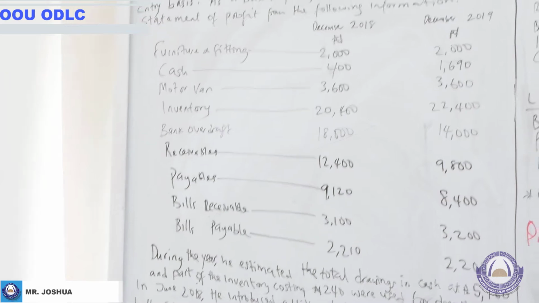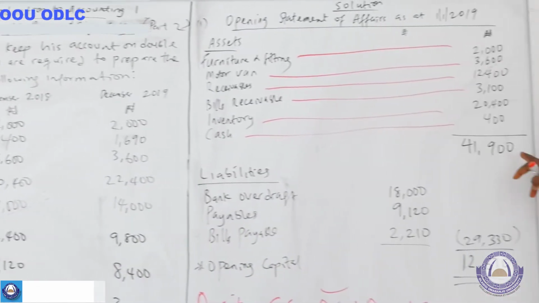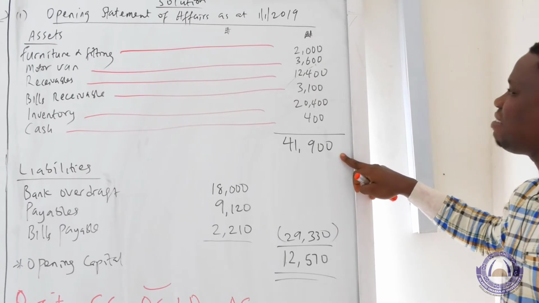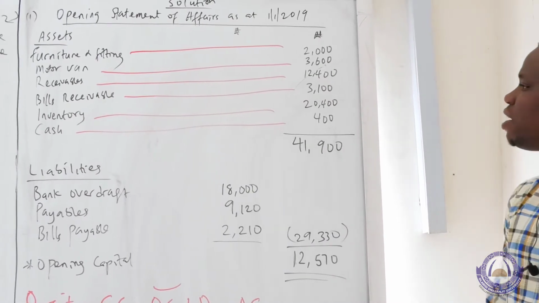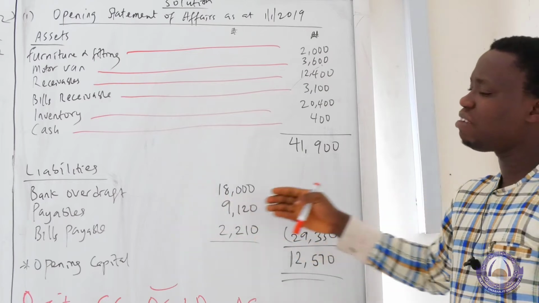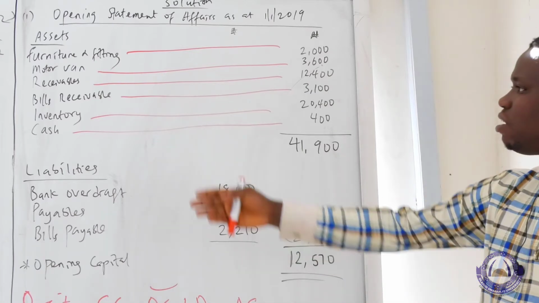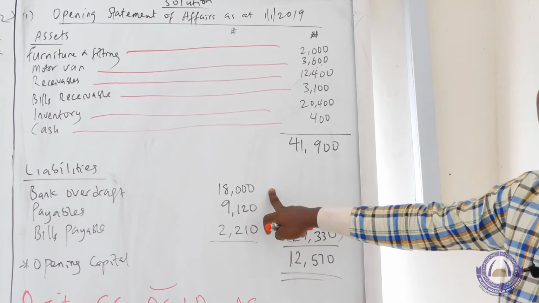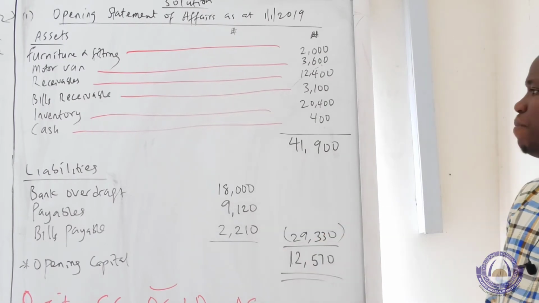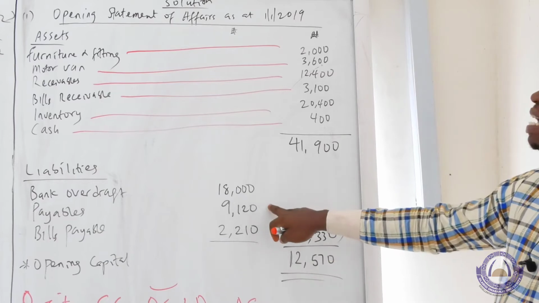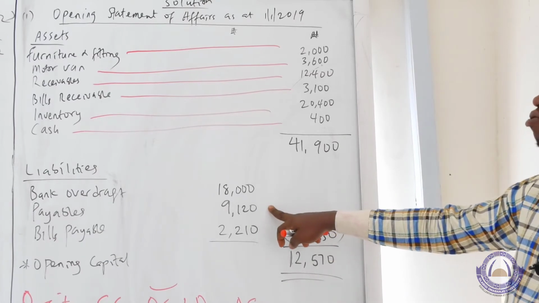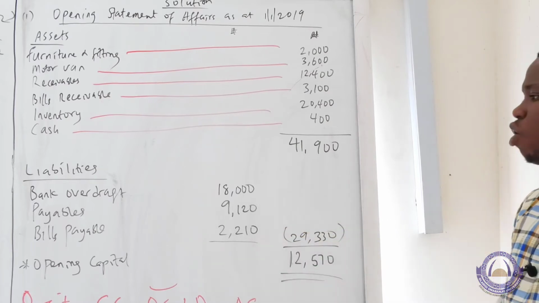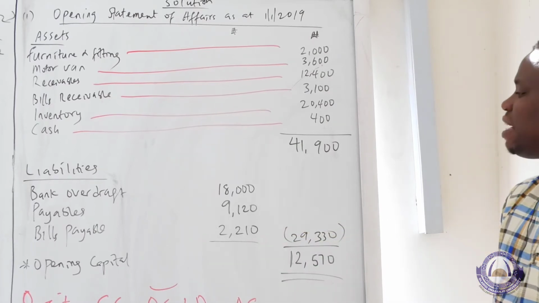If you sum all of these assets together, we have a total of 41,900 naira as the assets at the beginning of the year. Then we deduct our liabilities from the assets. In the liabilities, we have bank overdraft of 18,000 naira at the beginning of the year, followed by payables of 9,120 naira, then bills payable of 2,210 naira.